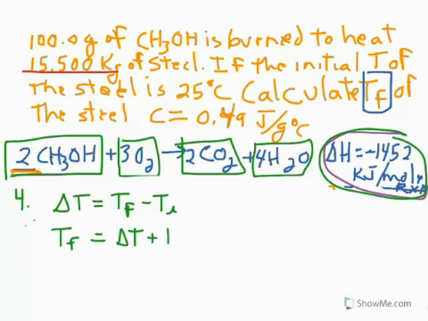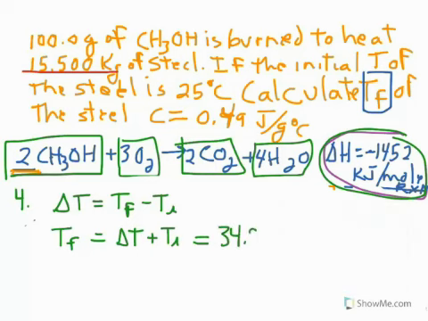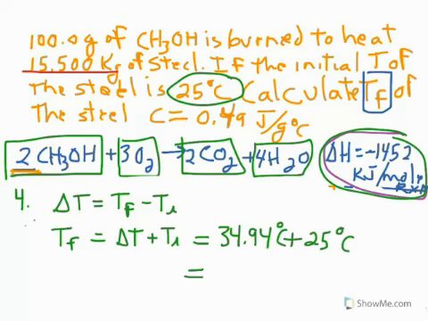So that's equal to delta T, which was from the last page, 34.94, and T initial is 25 degrees Celsius. I forgot my units. So T final is 34.94 plus 25, which is equal to 59.94 degrees Celsius.